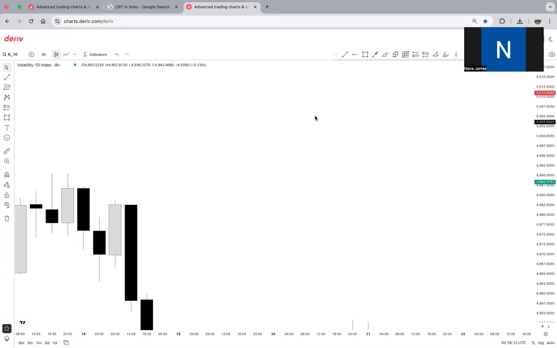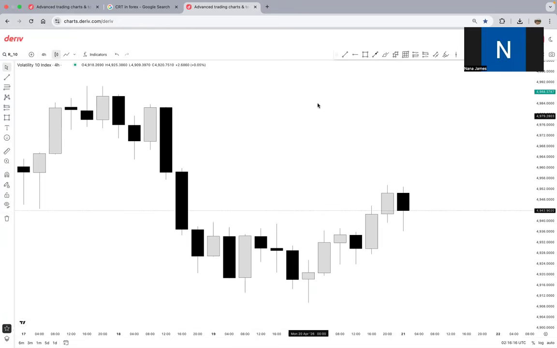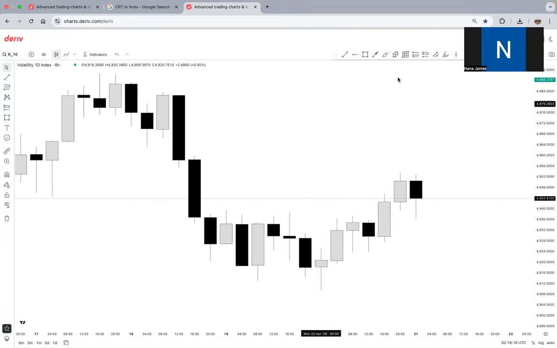Okay, so good. Here we have CRT form here. This is candle one's high. And candle one's low, sorry. So this is candle 2.